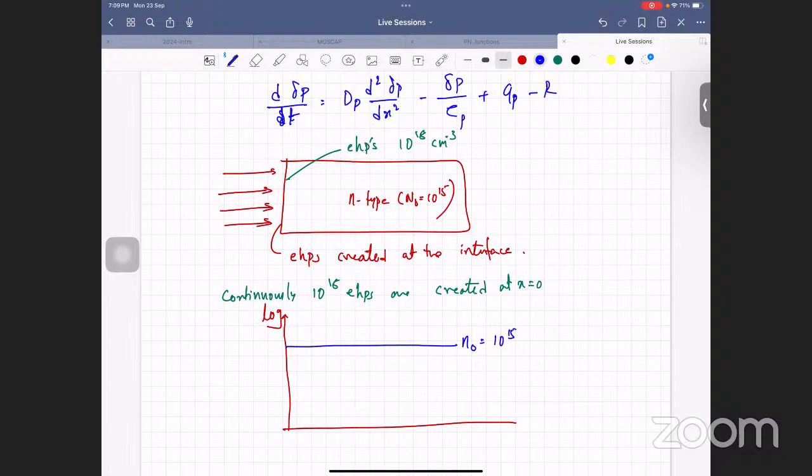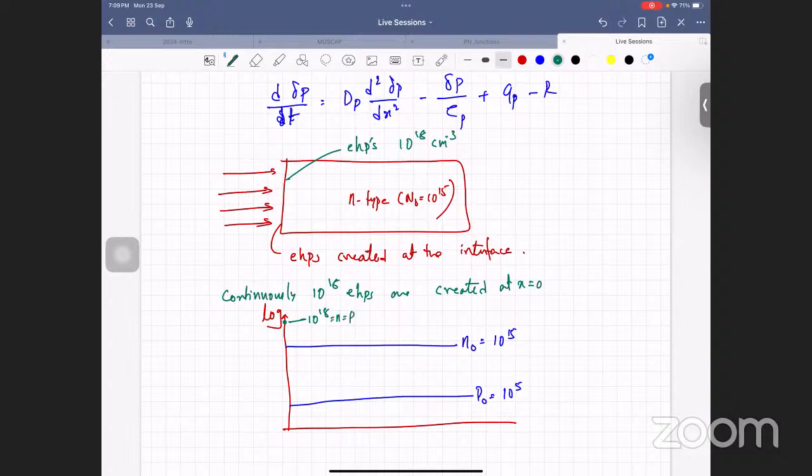There is a p0 equal to 10 power 5, this is the equilibrium carrier density. Agreed? Now, I'm creating suddenly here 10 power 18 electrons, basically n equal to p.